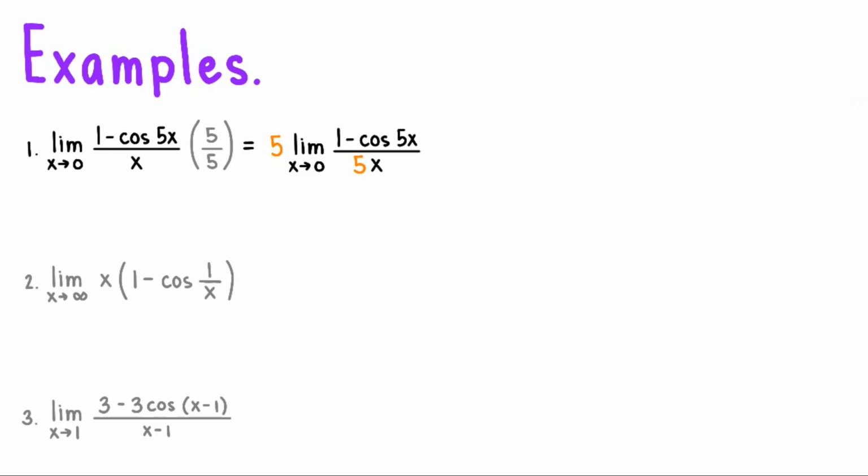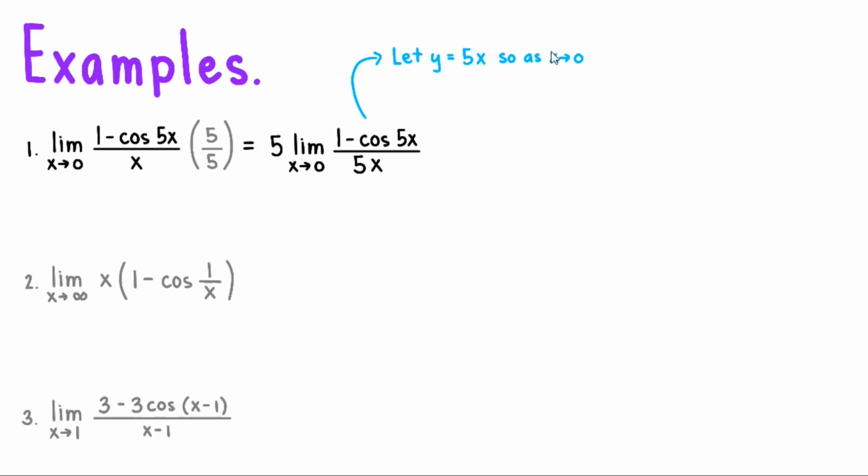Given this, observe that the limit out here is already similar to our special trig limit. Indeed, if we let y, in this case variable y, be equal to 5x, then observe that as x approaches 0, what happens to y?